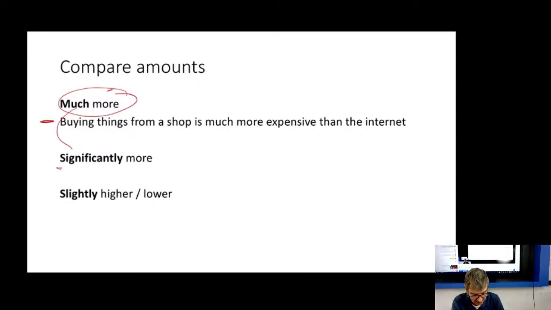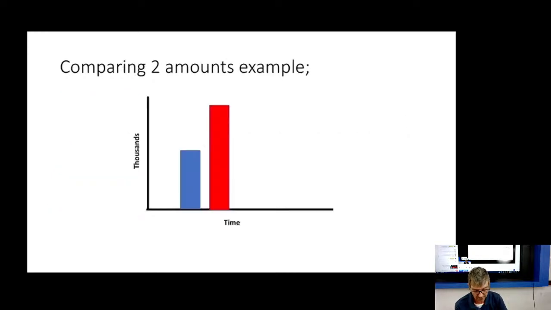So you can use this to compare two amounts. Or if it's only a small difference, a small amount, then you can use something like slightly. You could also use, instead of more, higher or lower. Okay, so that's just comparing two amounts in one year, for example, from the graph.